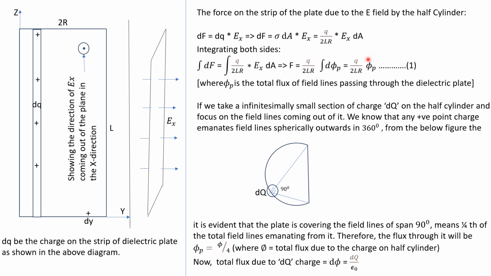So phi p, the flux passing through the plate, will be 1/4 of the total flux that dq will generate. By Gauss's law, d phi will be dq by epsilon naught.